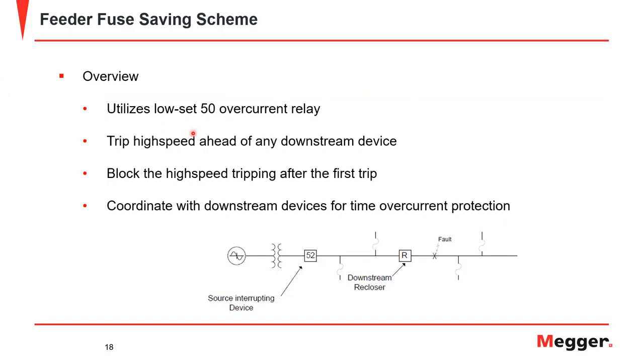An overview of the fuse saving scheme is we're going to use a low set 50 overcurrent relay. Low set meaning about 120 to 150% of maximum expected load at the substation breaker. Now this maximum expected load needs to include any kind of emergency or contingency considerations.